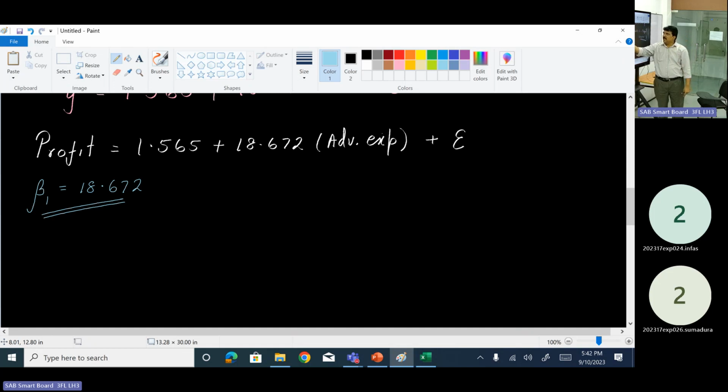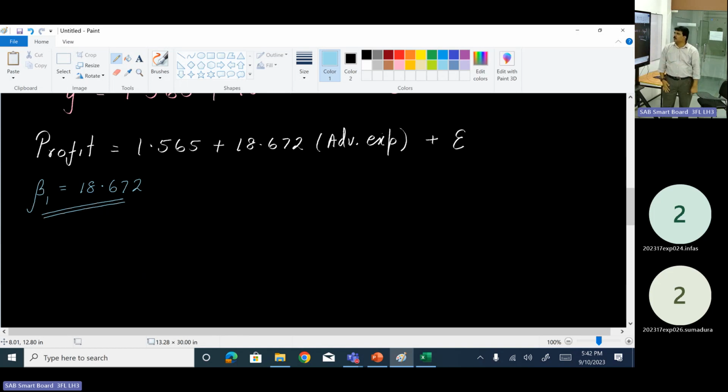So if we increase the advertising expenditure by 1 million, profit will increase by 18.672 units. Again, the y unit is millions, right? So if we increase the advertising expenditure by 1 million, profit will increase by 18.672 million.